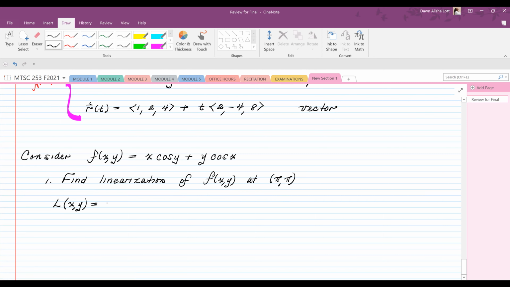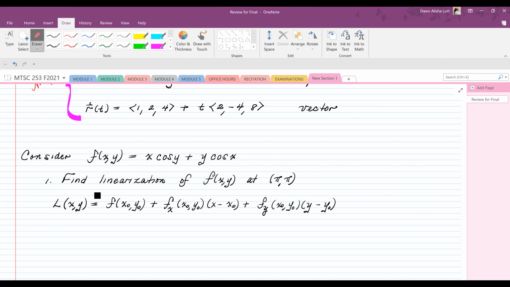It is to take f of some x naught, y naught, then find the partial of f with respect to x at x naught, y naught times x minus x naught, plus the partial of f with respect to y at x naught, y naught times y minus y naught. So that's the linearization, okay?